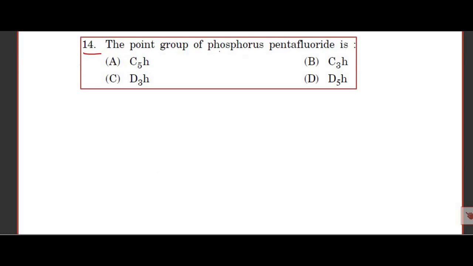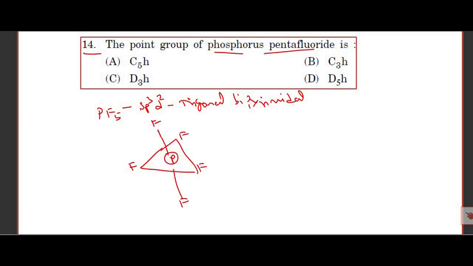Question number 14. The point group of phosphorus pentafluoride. Here phosphorus pentafluoride shows sp3d hybridization, which is a trigonal bipyramidal structure. They are asking the point group.